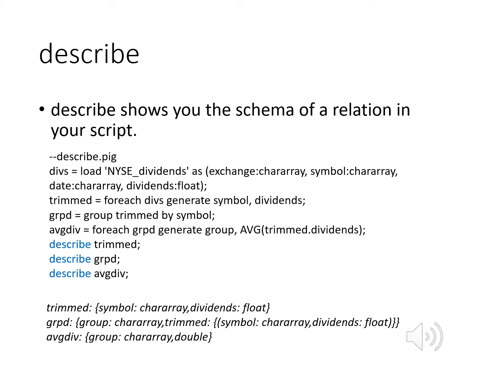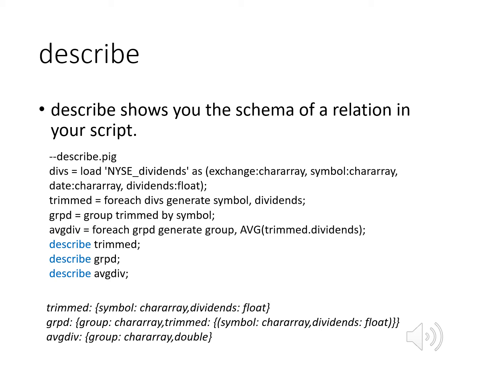Here is an example, describe.pig. The data is read from the NYSE dividends data set, and it's trimmed by the foreach operator, and then grouped by, and then for each group we generate the group and average.